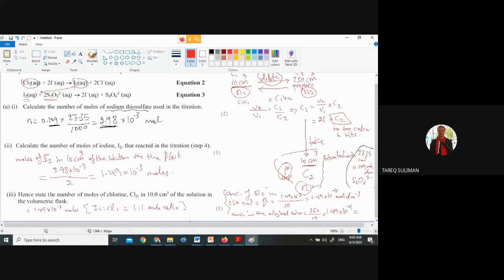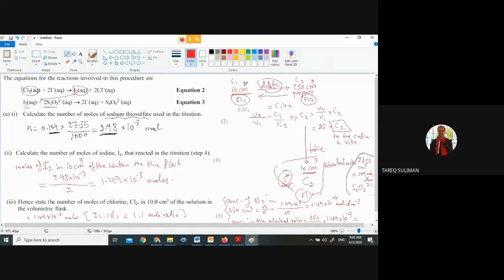So at the beginning I showed you a plan of what happened step by step, and I mentioned that in general they ask us to calculate C1, and this is the way we calculate it.